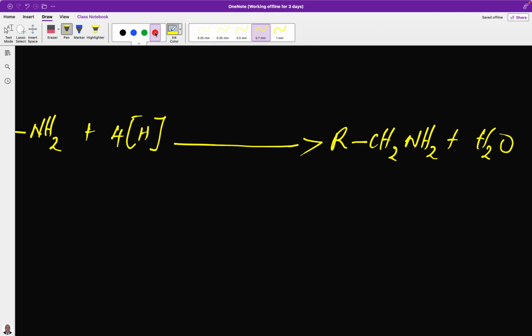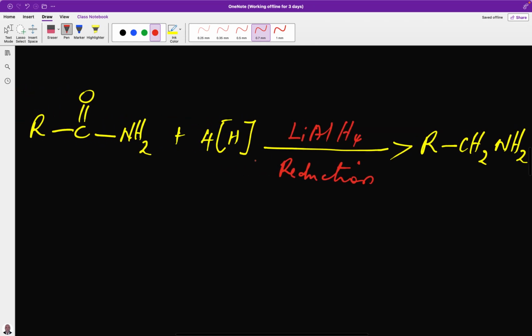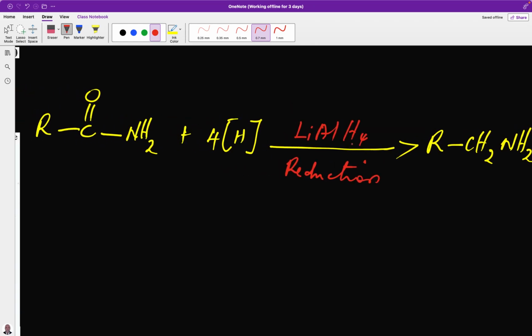And the condition here is that it is reduction. You are going to use lithium tetrahydroaluminate, and this process is called reduction. You are adding hydrogen, because hydrogen is provided by lithium tetrahydroaluminate. So the 4 hydrogen are added here.